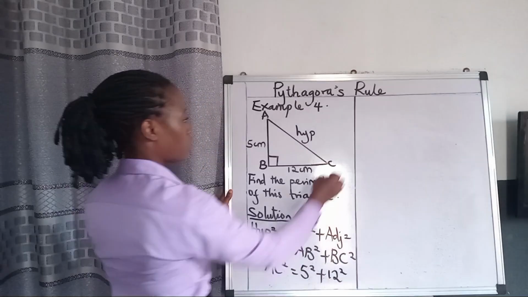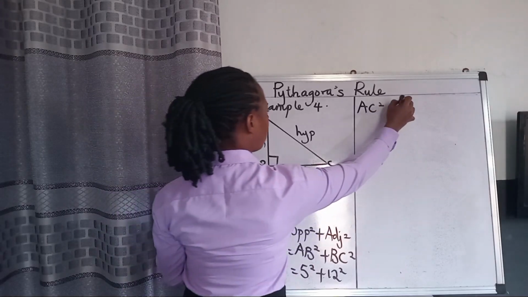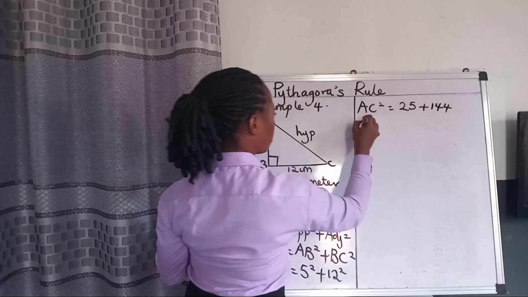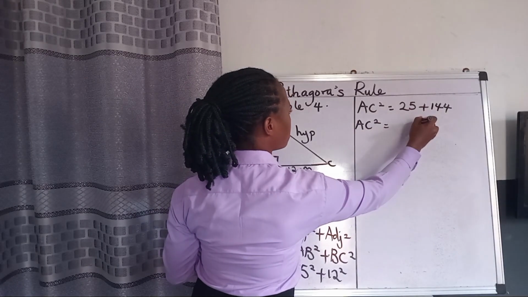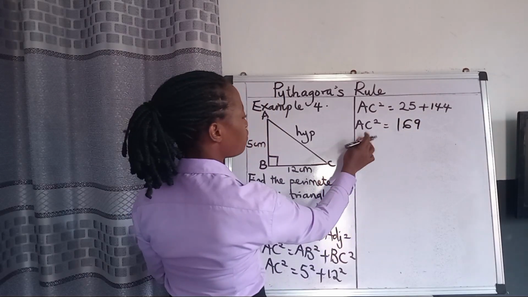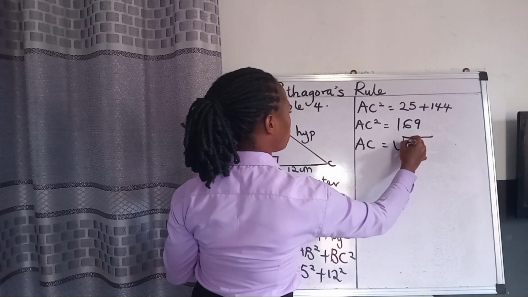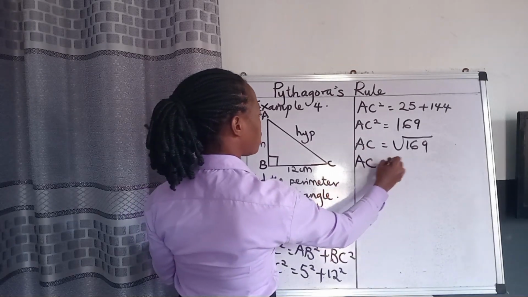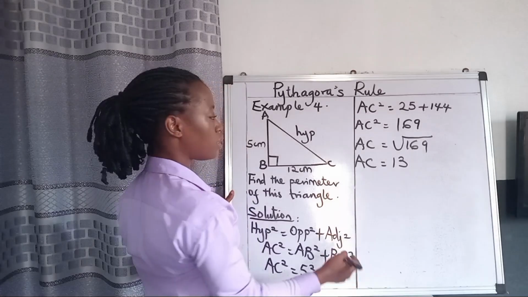So AC squared is equal to 5 squared, which is 25, plus 12 squared, which is 144. 25 plus 144 is 169. So to find length AC, we are going to look for the square root of 169. The square root of 169 is equal to 13. Therefore, length AC is equal to 13 centimeters.